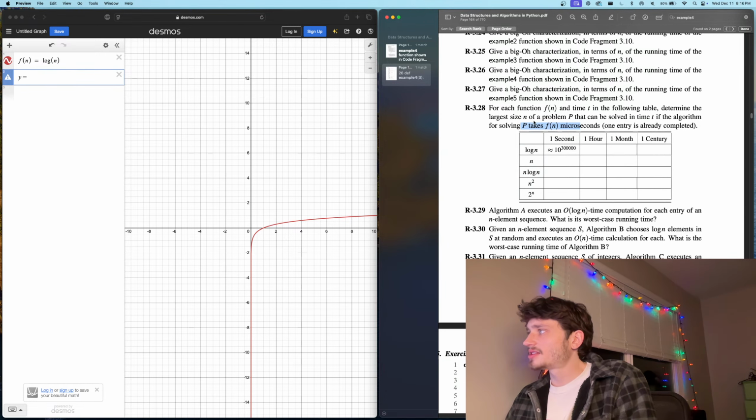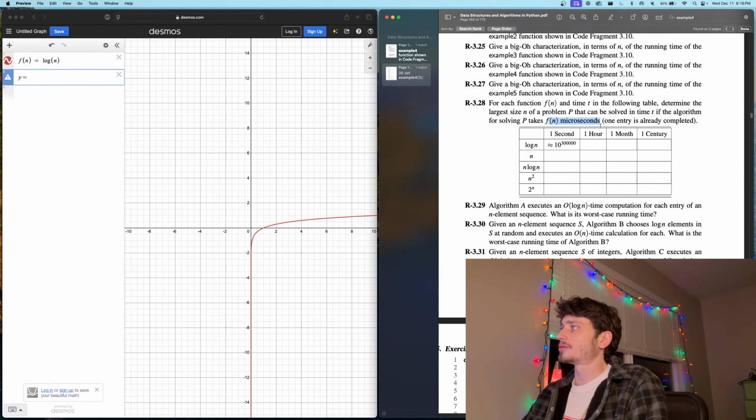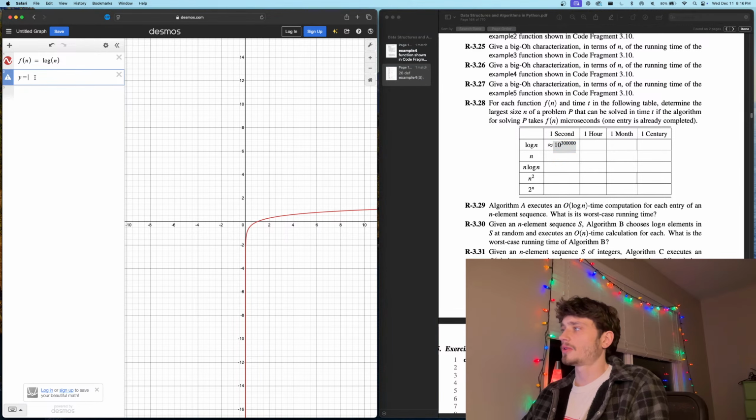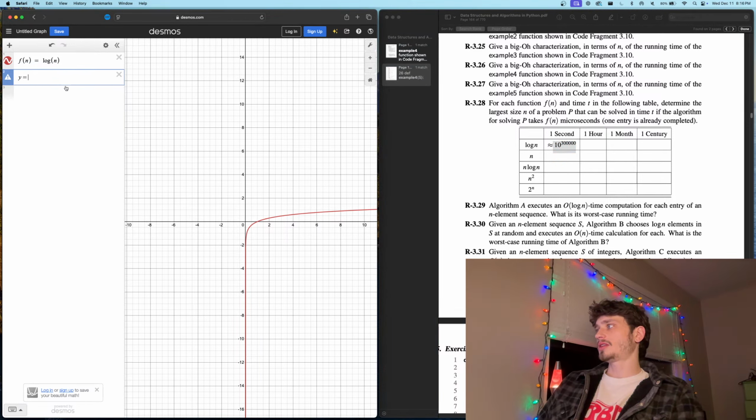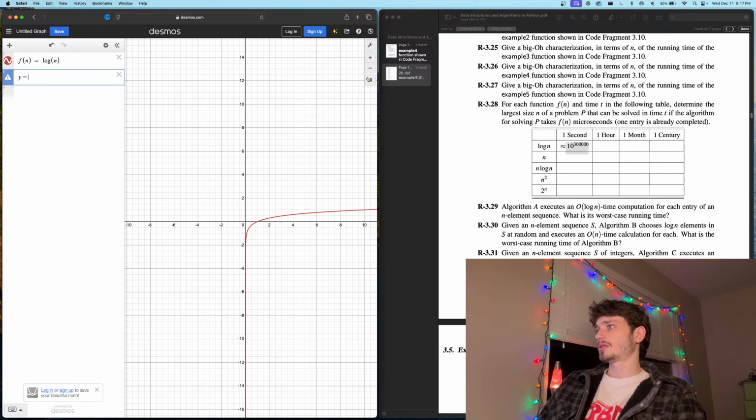Determine the largest size n of a problem p that can be solved in time t if the algorithm for solving p takes f of n microseconds. So 10 to the power of, in 1 second, for log n, that would give us the x input.